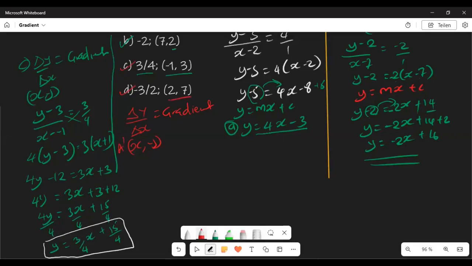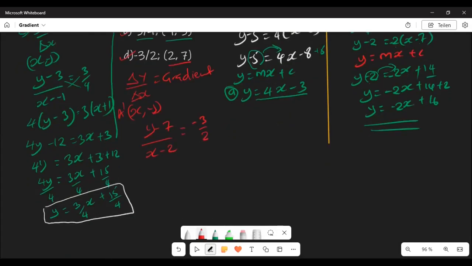So we're going to say y minus 7 over x minus 2 should give us a gradient of minus 3 over 2. Like we just did C, we're going to repeat the same, cross multiply, so that we have here 2 into y minus 7 equals minus 3 into x minus 2.